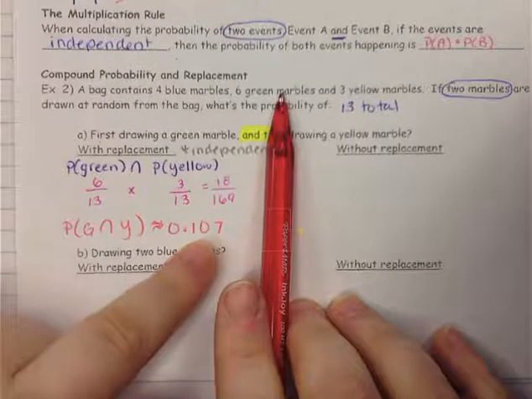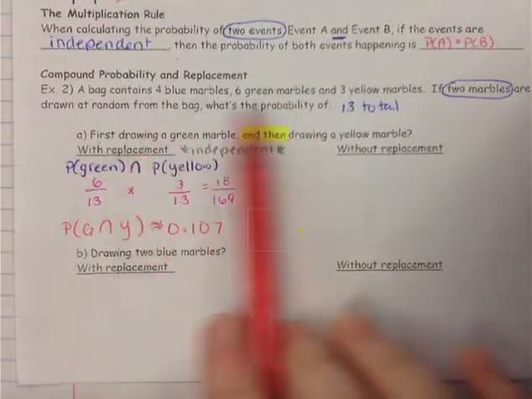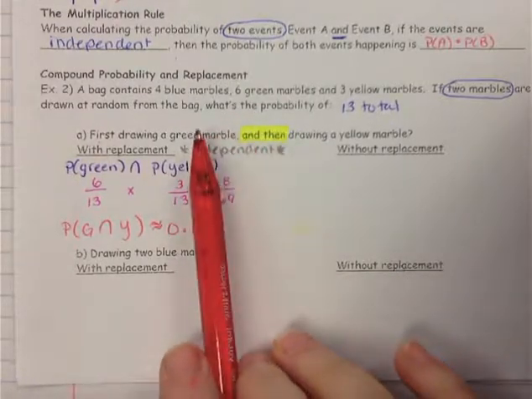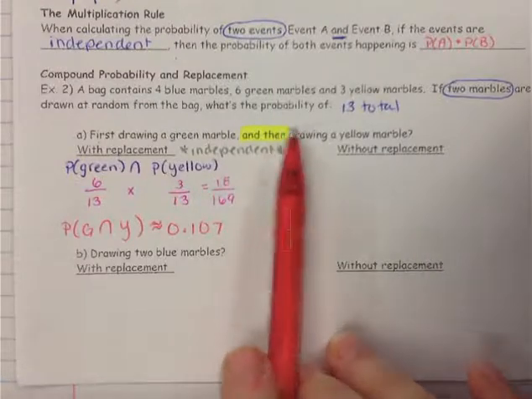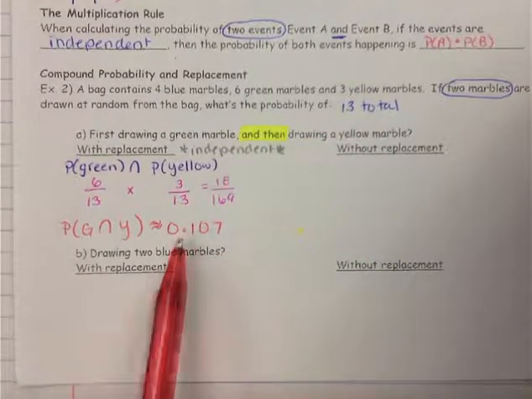It would be the same probability twice, so I'd actually double my chances because it wouldn't matter which order I got it in. But because this one says very specifically, I have to get the green one first and then the yellow one. I have to be a very specific probability.